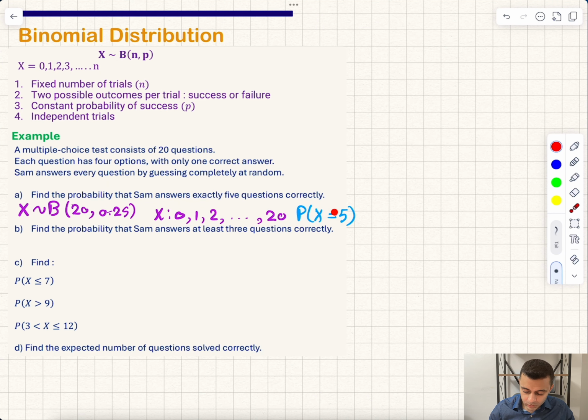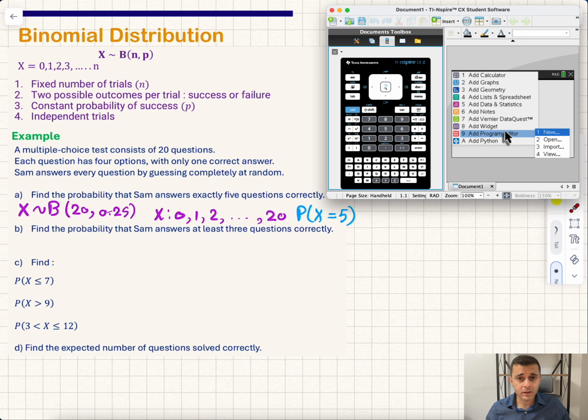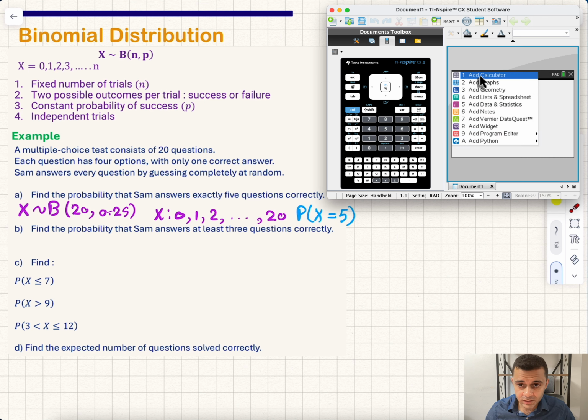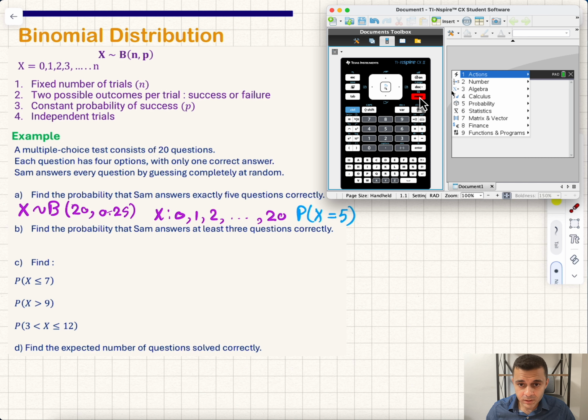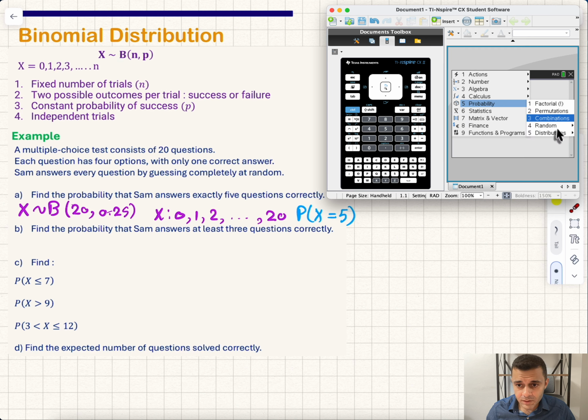When we have equal, we use what we call in calculator binomial PDF, as we'll see here, which stands for binomial probability density function. First we add calculator, then we go to menu, number 5 probability, and then distributions. We choose binomial PDF, which is the last one, as you see here.